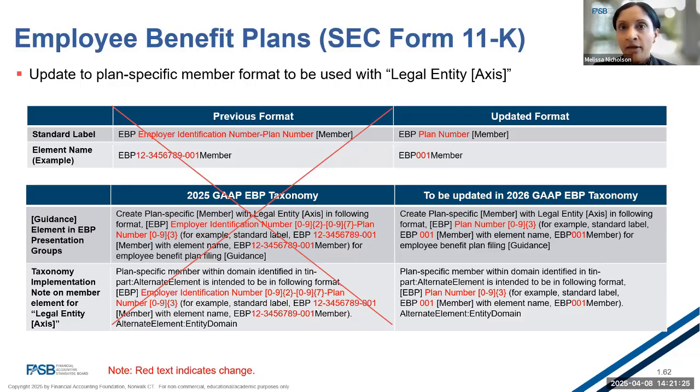And basically, that is what is now included in the red box, which is only to indicate that we received a comment and have updated the format to be used with the legal entity access to the more simplified format with just EBP, plan number, and member. So for example, EBP 001 member.